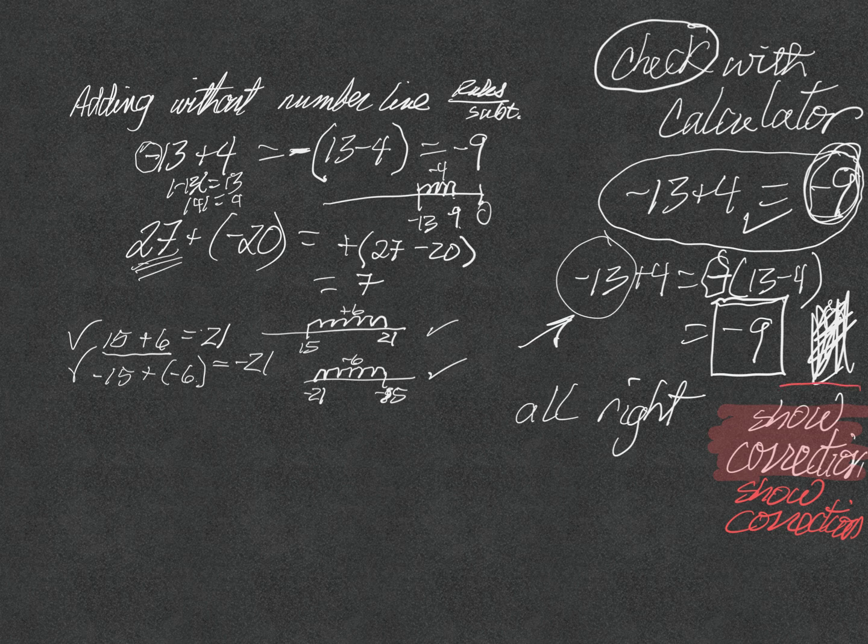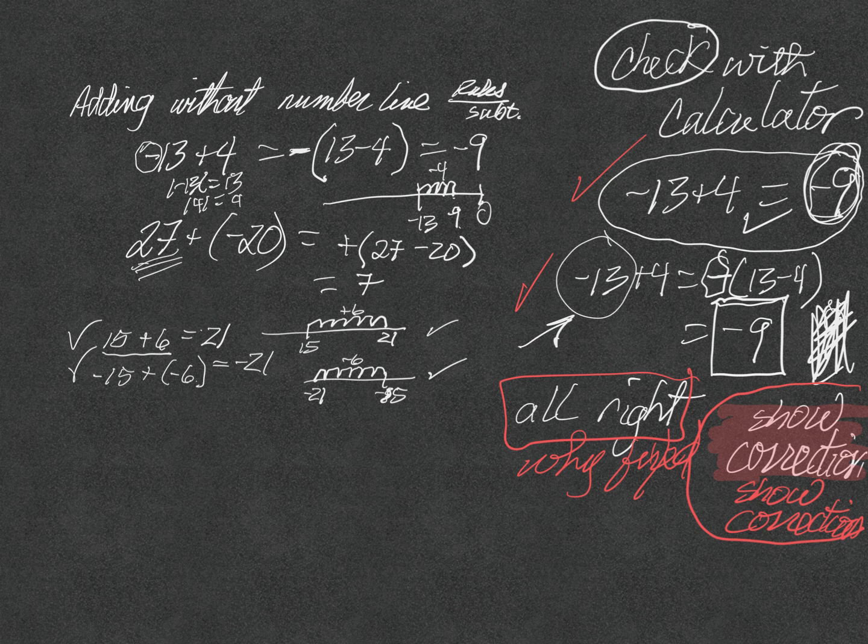So always on your paper, show your correction. Don't erase your mistake. Put your correction down and talk about why you fixed it, okay? And that's why all your problems should be all correct, all right? That's how you would do it. Do the work, check with a calculator. If there's an error, put your correction on the paper.